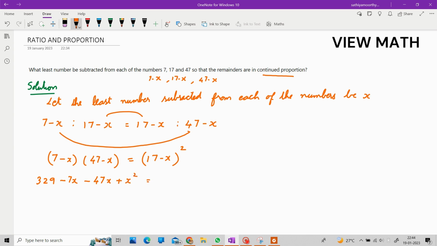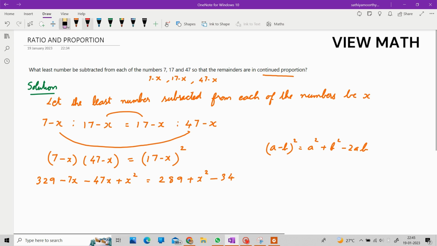This is equal to 17 minus x the whole square, so I can apply the formula a minus b the whole square is equal to a square plus b square minus 2ab. 17 the whole square is 289 plus x square, that is b square, minus 2 into a into b. 2 into 17 is 34, and instead of b I get x, so 34x.